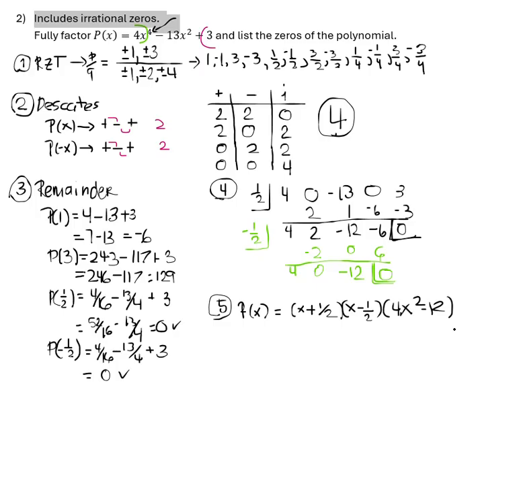You can do this a couple of different ways. We could use quadratic on the 4x squared minus 12. We would just have to think of it as 4x squared plus 0x minus 12, and we can use our A, B, and C to do that. You can also just set this 4x squared, sorry, I forgot my squared, equal to 0.